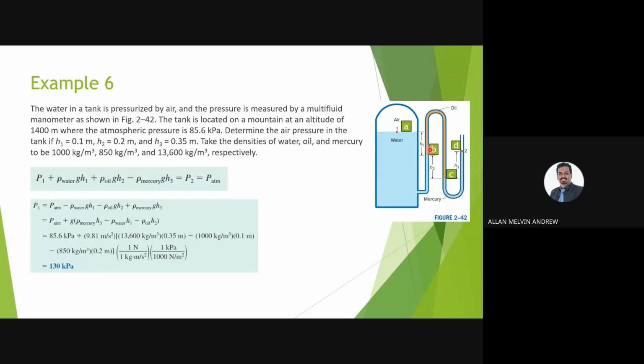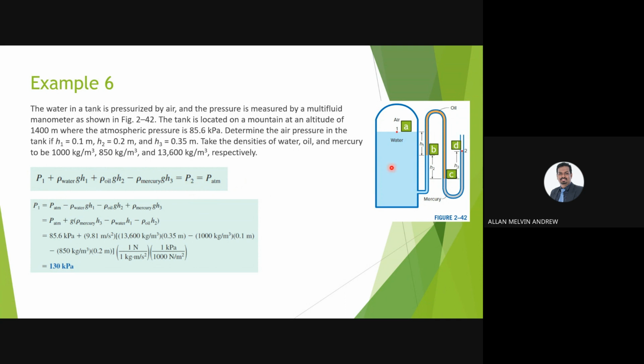So A to B, B to C, then C to D. We know that when you go down, when you go deeper, you need to plus. So that's why you have plus here. And from C to D is going up, so going up, you need to minus. So we need to know this. A to B to C, you need to plus, then C to D, you need to minus. So that's why you get the equation here. Okay, so we will start analyzing one by one.